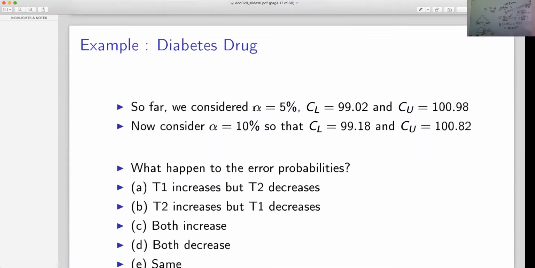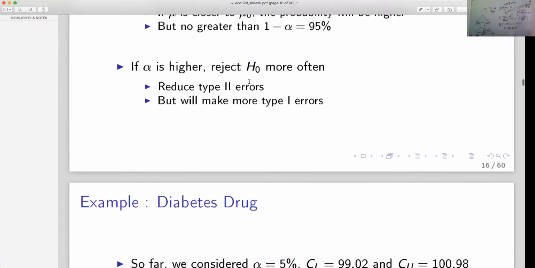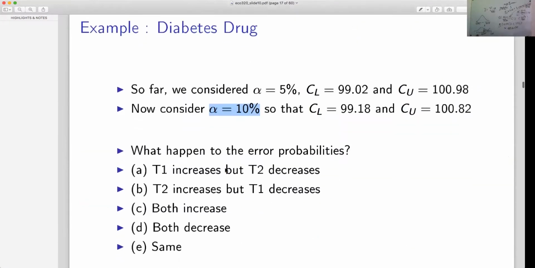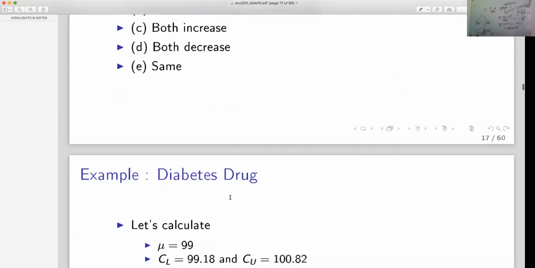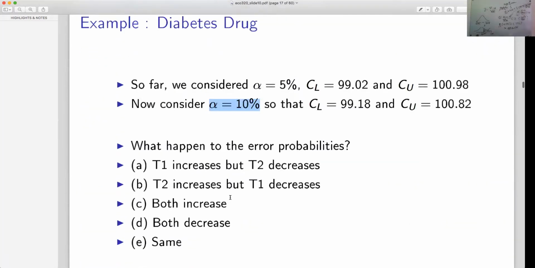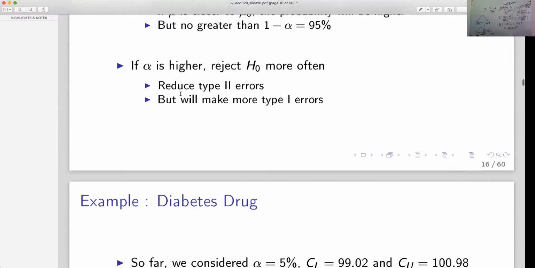So far we considered alpha equal to 5% and so on. Now consider alpha equal to 10%. I'm going to formalize this using an example and see what would be happening here. I already gave the answer, but okay, the answer is what? Oh, okay, I didn't have it in the next slide. Since alpha increased, what happened? Type 2 error decreased, but our type 1 error increased.